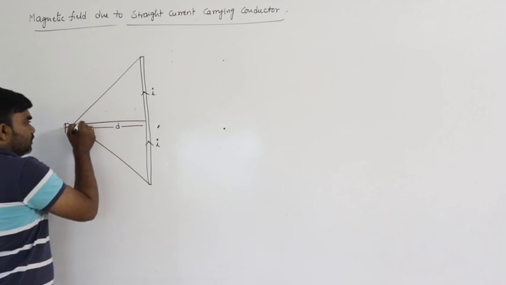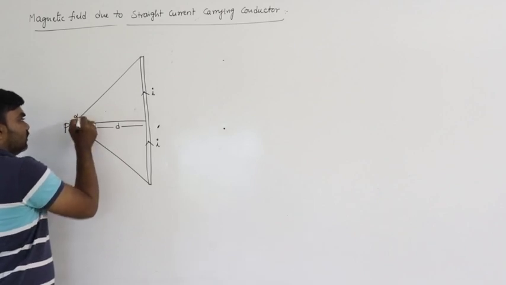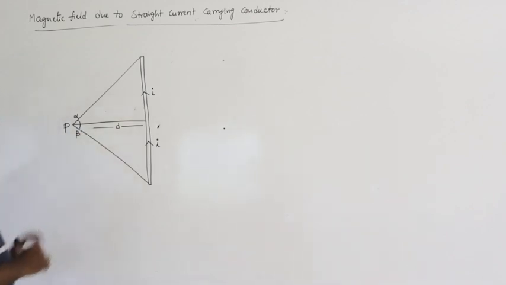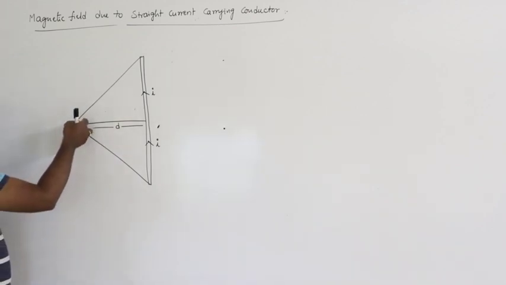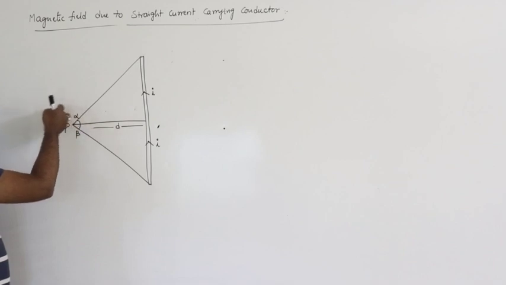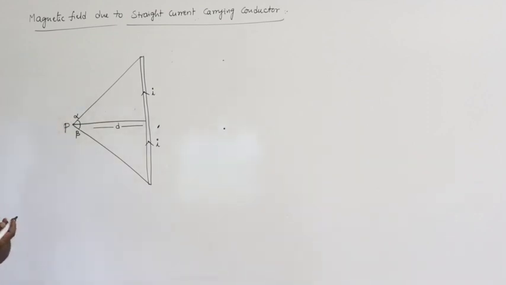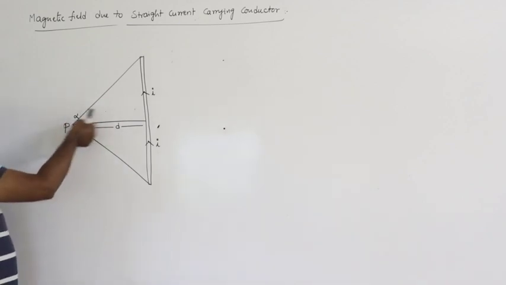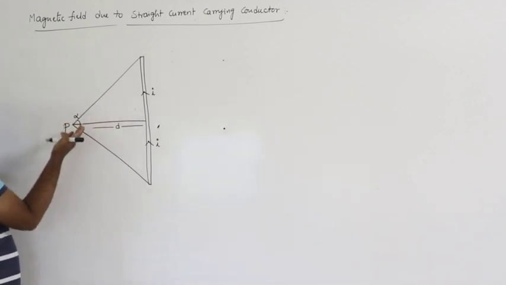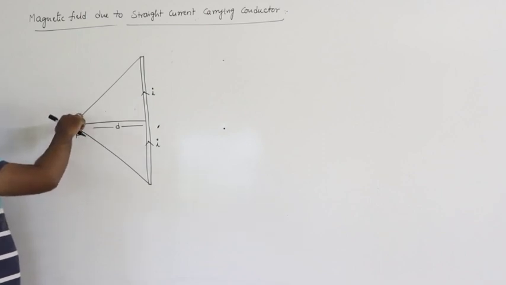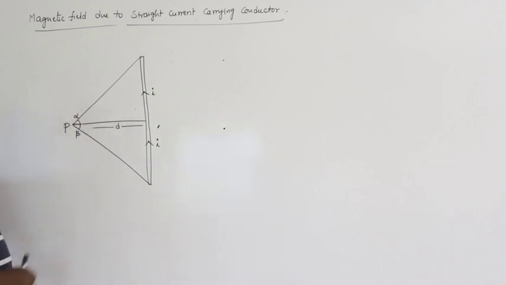See here, this angle is alpha and this angle is beta. From this line onwards, we are measuring the angle alpha in the anti-clockwise direction, and the angle beta in the clockwise direction.